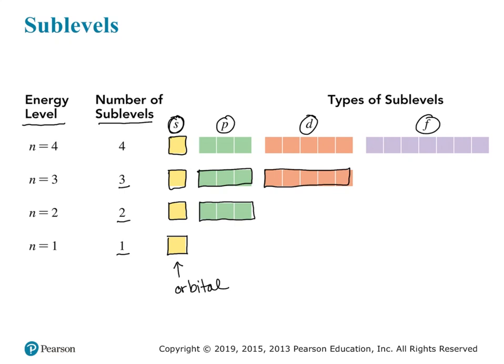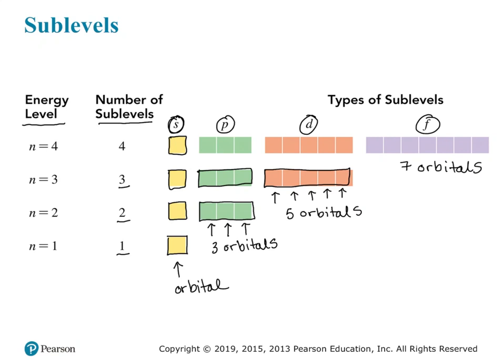And then if we look at the P sublevels, they all have 3 boxes. So those are all orbitals. And then the D sublevel has 5 boxes. So those are all the different orbitals. And then the F sublevel has 7 boxes or 7 orbitals.